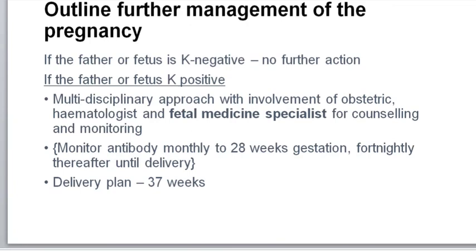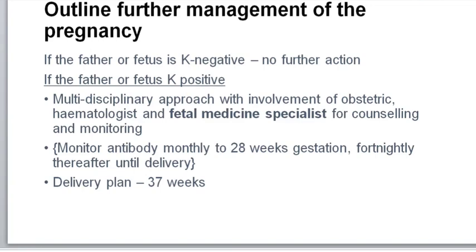Now the next question was further management of the pregnancy. It means antenatal management of the pregnancy, delivery plan, and post-delivery follow-up of the mother and the baby. If you open the BSH guideline, they have given two algorithms that make things very easy.